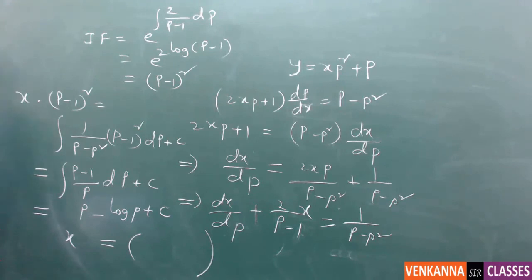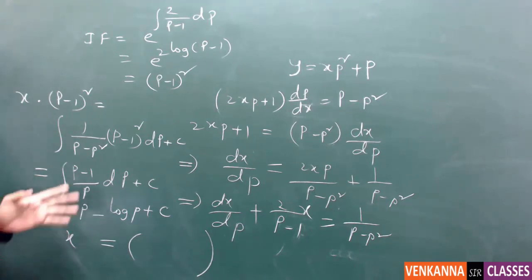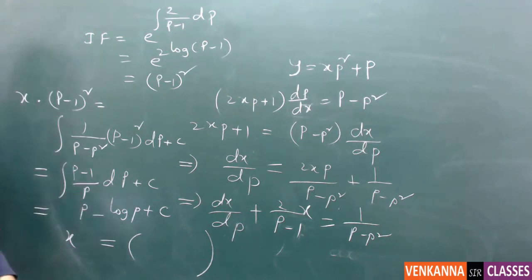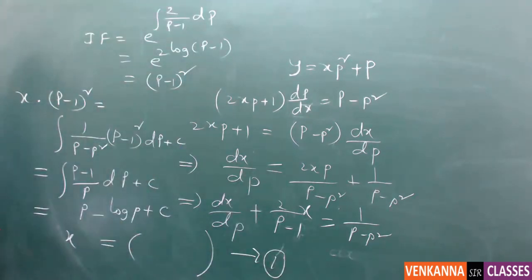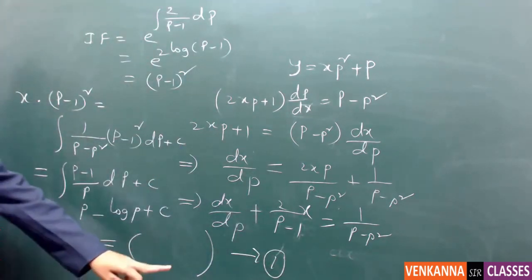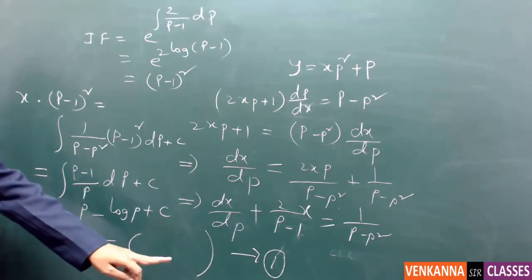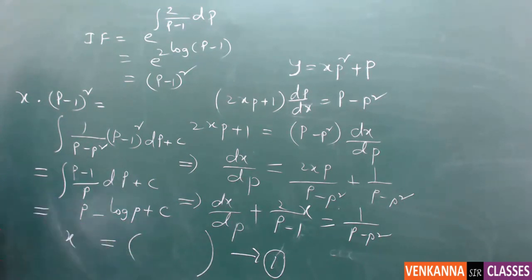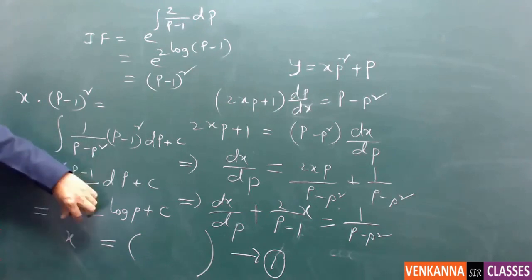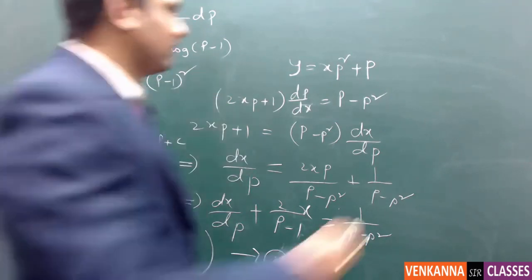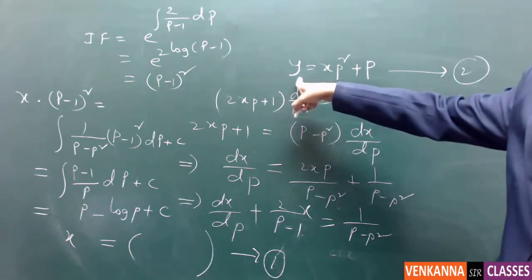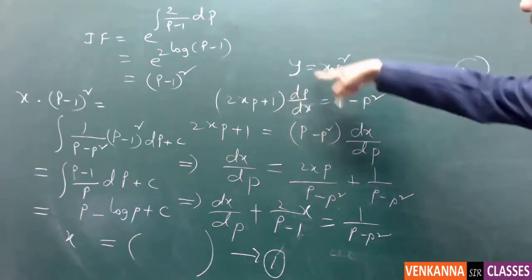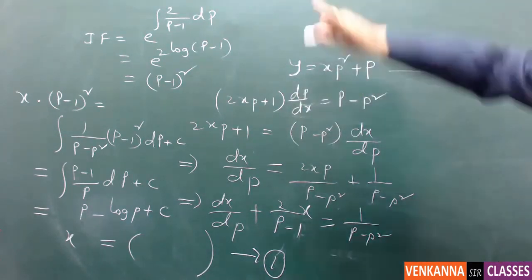Right. So the solution obtained by you, you take it as 1. Please understand one thing, that it contains the arbitrary constant c. Now, if you substitute this x value in the given equation, you are going to represent y in terms of p completely.